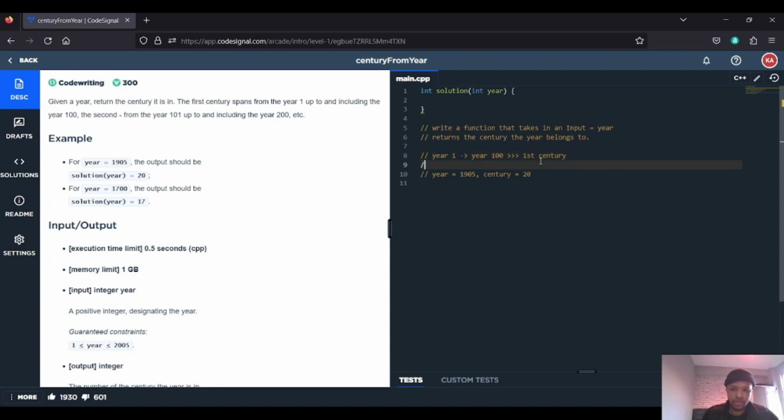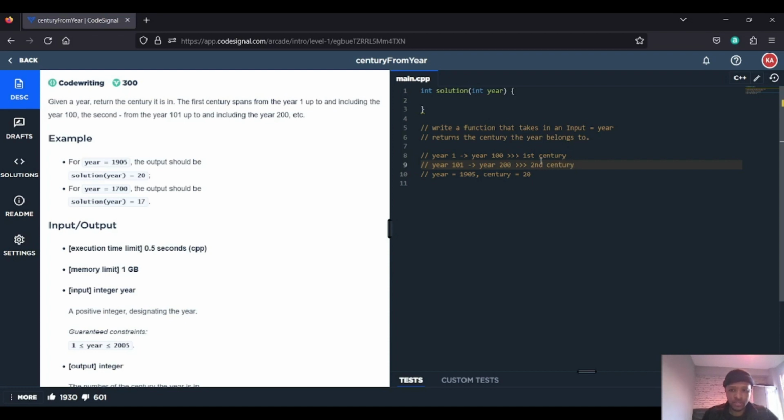Okay, so year 101 up to year 200 belongs to the second century.